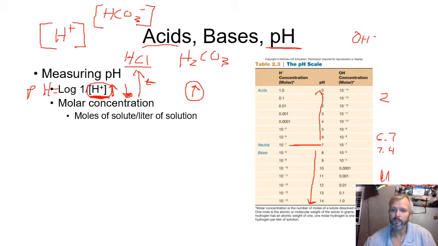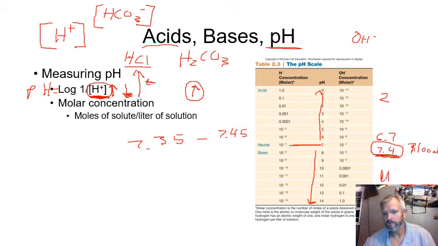Okay, I put this number here because this is where roughly blood pH is. And we keep blood pH homeostatic at 7.4. We have a range of roughly 7.35 to 7.45.